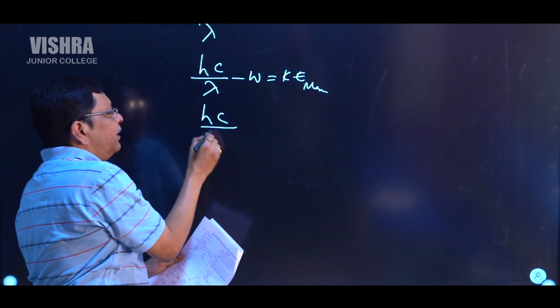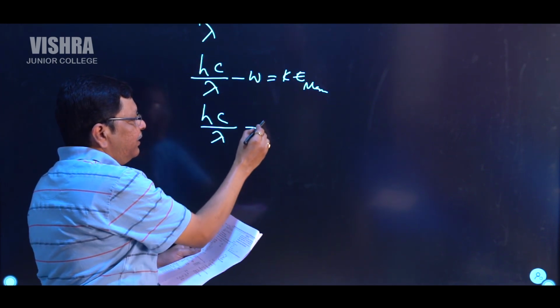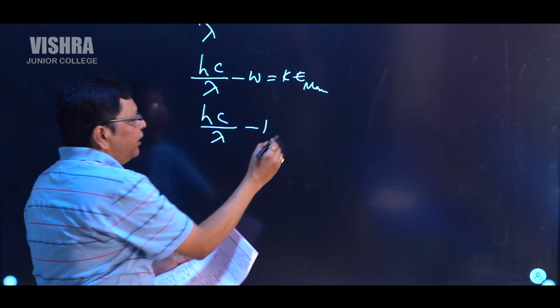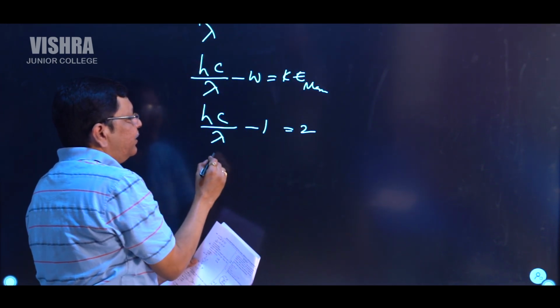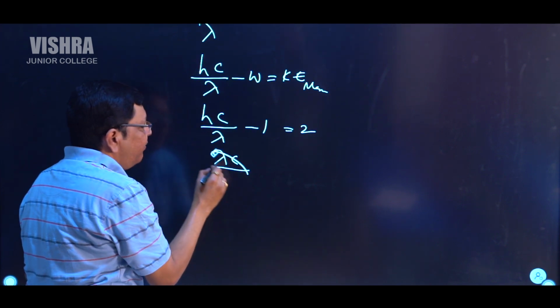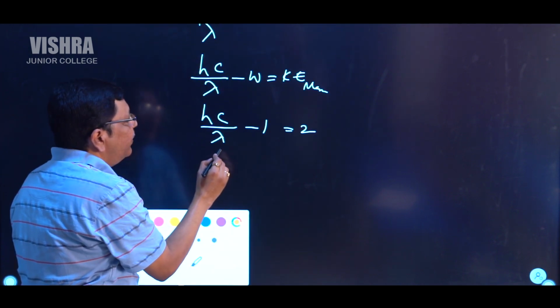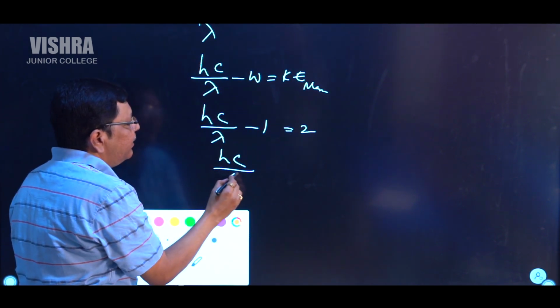The incident photon wavelength is lambda, the work function is 1 electron volt and the maximum kinetic energy is 2 electron volts, so hc by lambda is 2 plus 1, that is 3 electron volts.